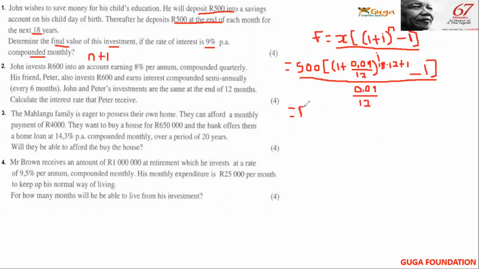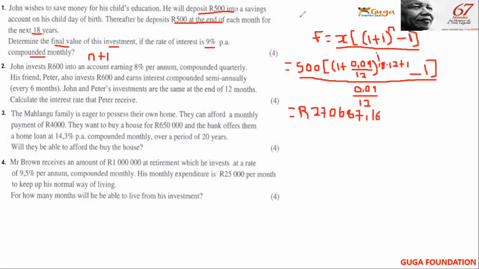Which is equal to, just use a calculator there, and then you'll get 2706 87 16 rand.